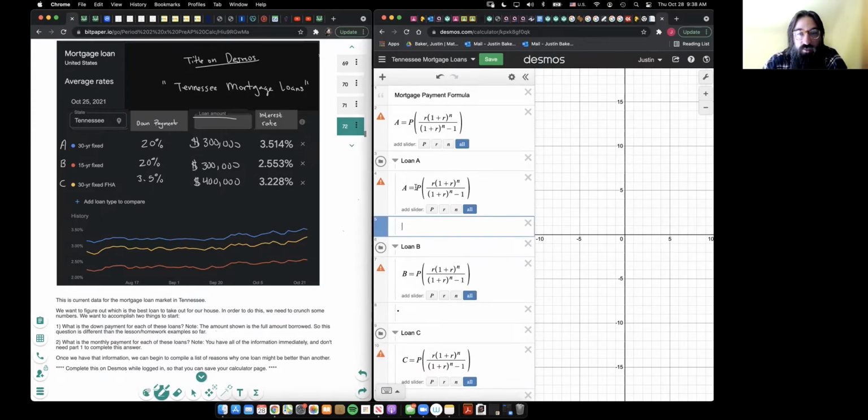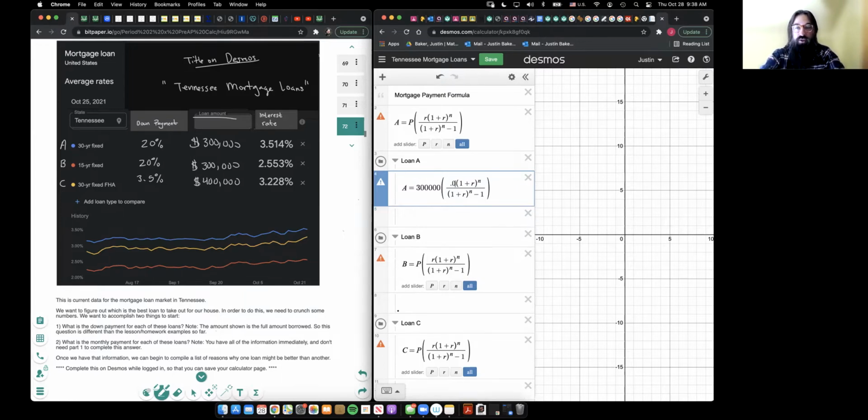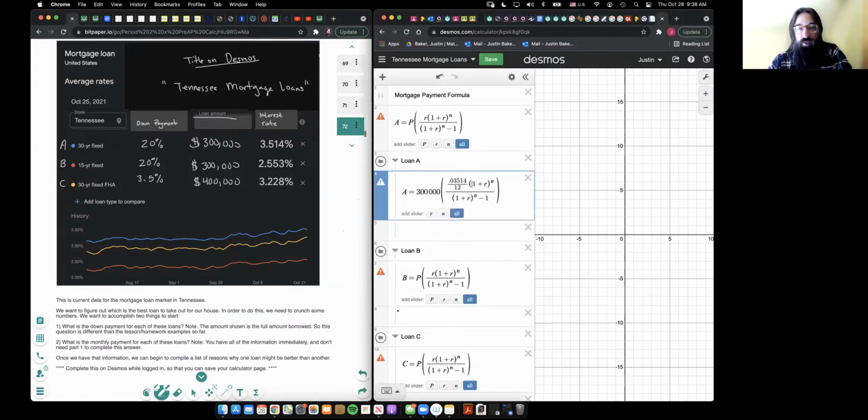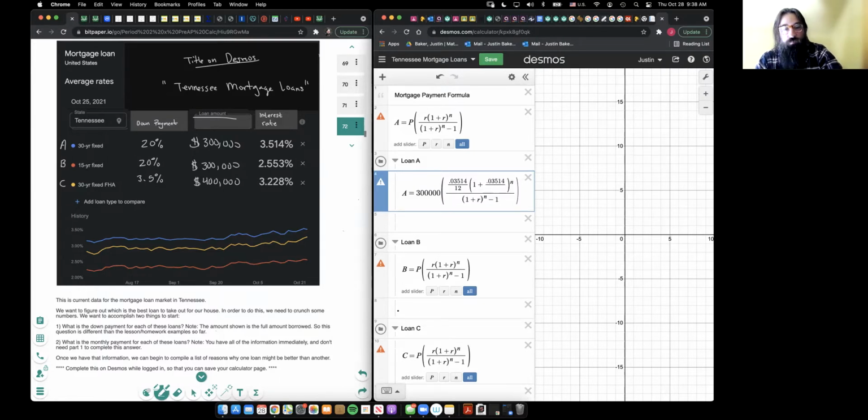So now we're going to fill this information in. What is the loan amount for loan A? The loan amount is $300,000. What is the interest rate going to be? Well, it's 0.03514. All of these are compounded monthly because we're talking about this type of loan.